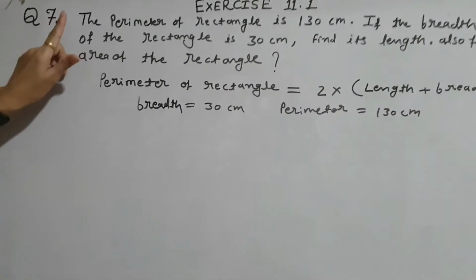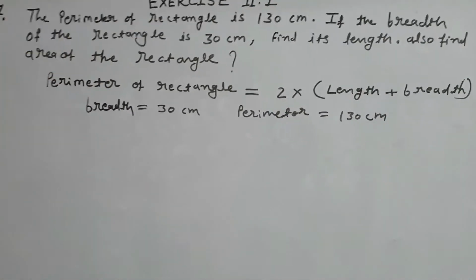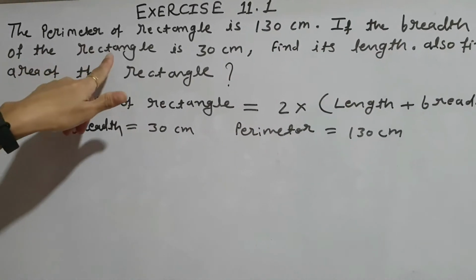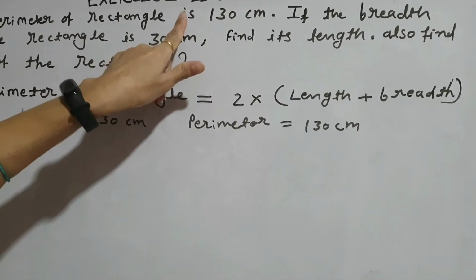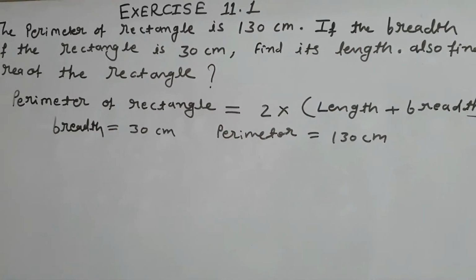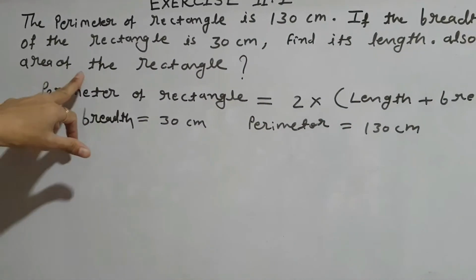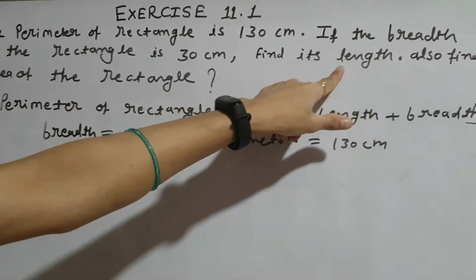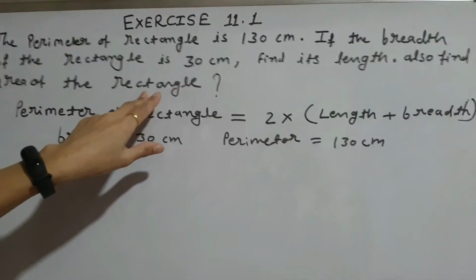Question 7. The perimeter of a rectangle is 130 centimeter. If the breadth of the rectangle is 30 centimeter, find its length. Also find the area of the rectangle. So we have to find two things here, length and area of the rectangle.